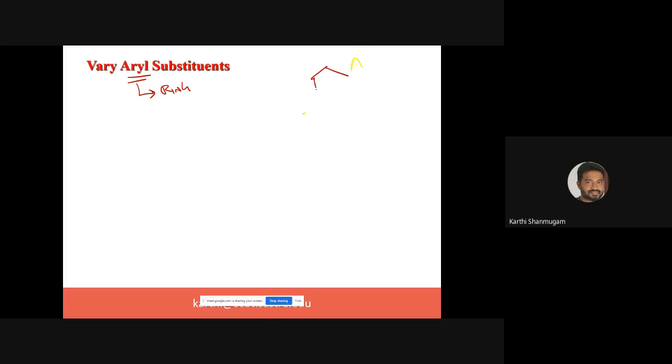Say for example, what is this molecule? Can we say this is benzene? Can we say this is chlorobenzene? Say if you have OH here, I can keep this Cl either in this position or this position or this position.